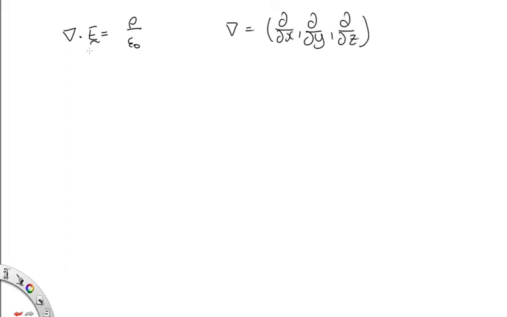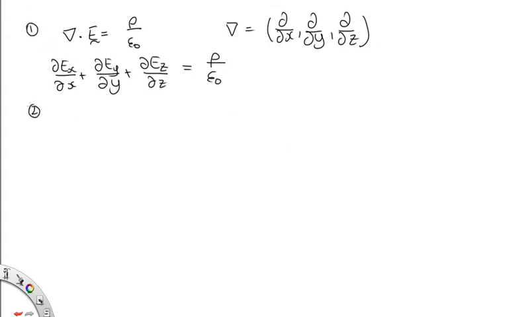So what this actually means is a dot product between this vector operator and the electric field here. So this really means dEx/dx plus dEy/dy plus dEz/dz is equal to rho over epsilon naught. So that's Maxwell's first equation.